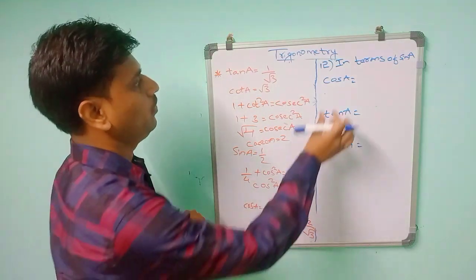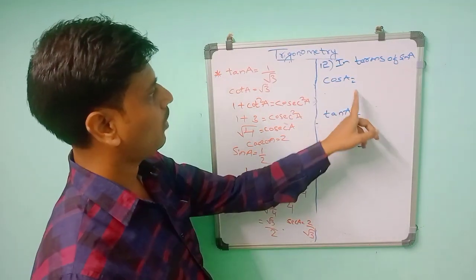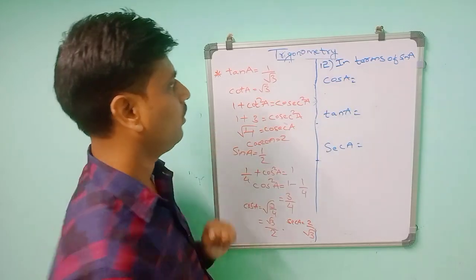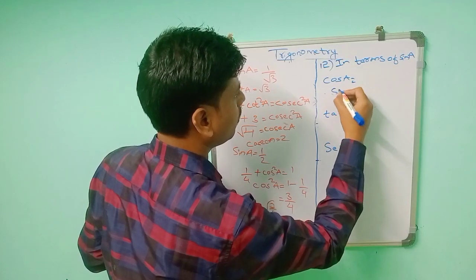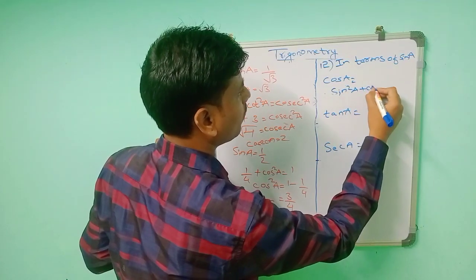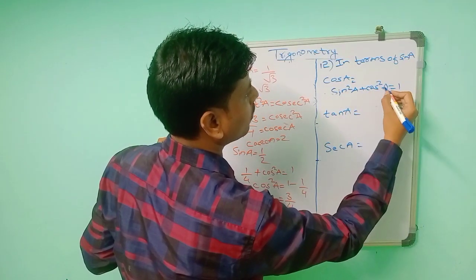As we know the formula, sin square A plus cos square A is equal to 1, we can write cos A in terms of sin A. So sin square A plus cos square A is equal to 1.